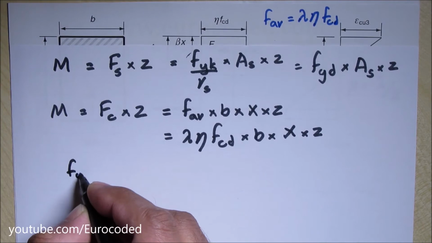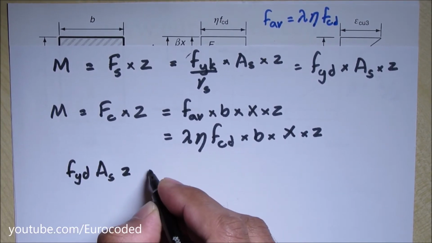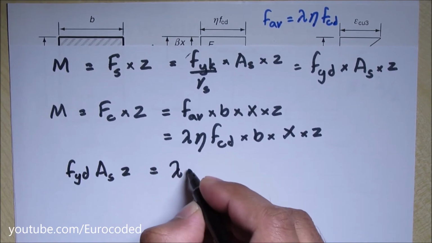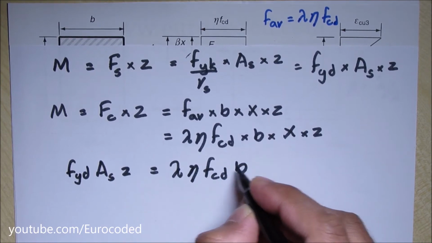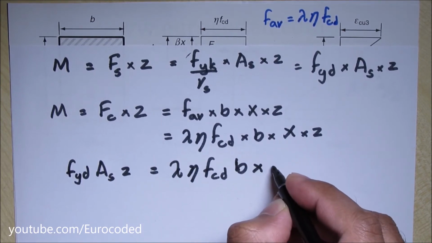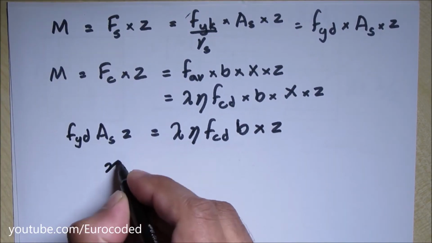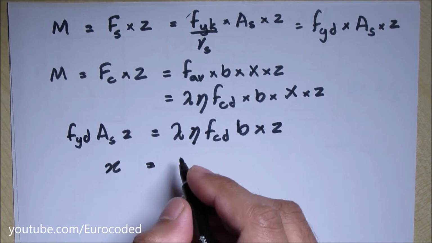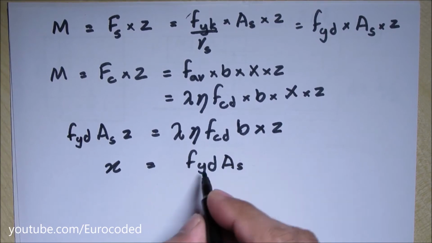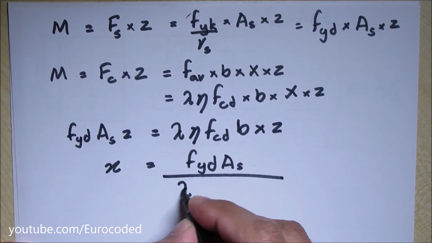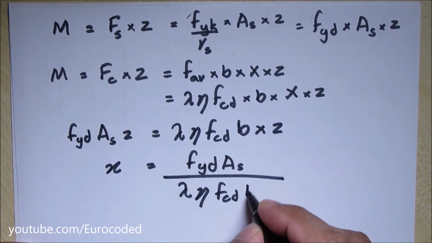Hence Fyd As Z is equal to lambda eta FCD times B times X times Z. Then we can write X is equal to Fyd times As over lambda eta FCD times B.